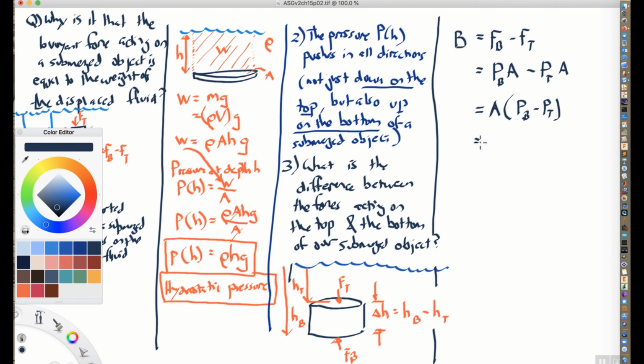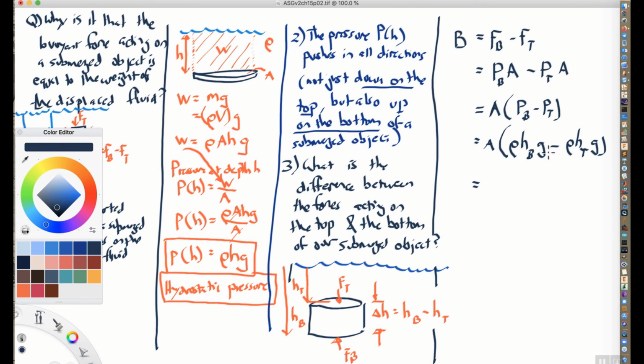Well, what is the pressure acting on the bottom? Well, we already know what the hydrostatic pressure is at that depth. It's going to be equal to the density of the fluid times the depth at the bottom of this object times g. And what's the pressure acting on the top? Well, once again, that's the density times the depth at the top of the object times g.